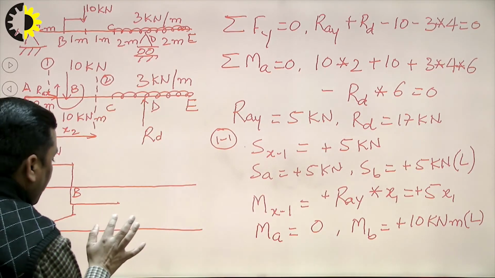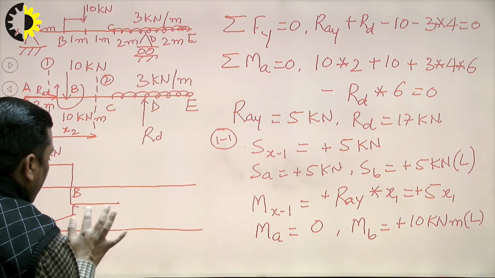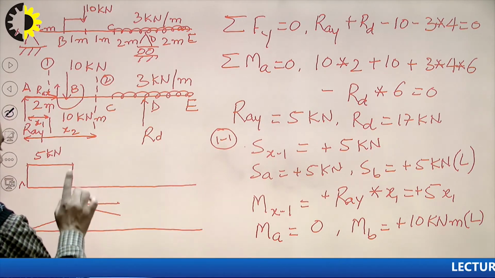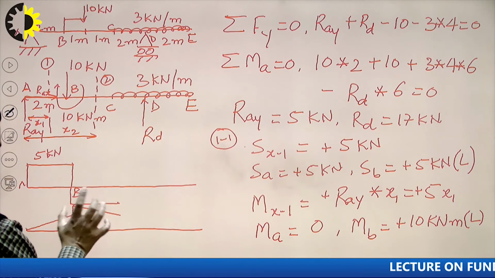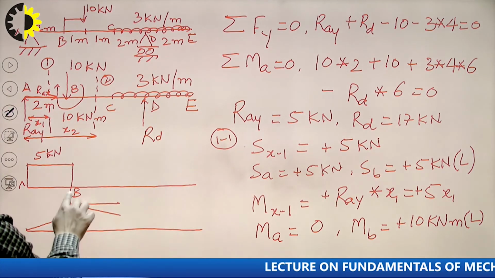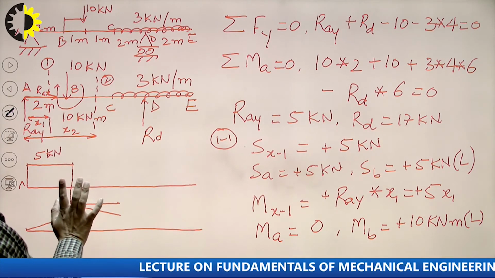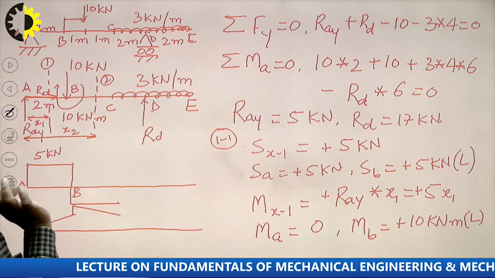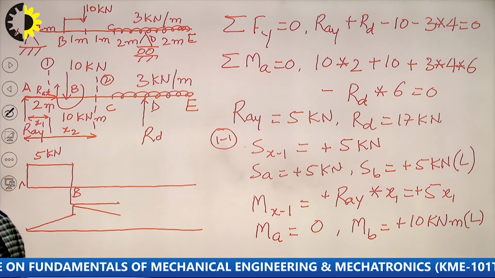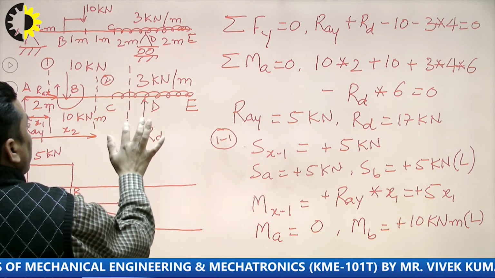So this will be the bending moment diagram. The diagrams are slightly overlapping, so please understand that the above one is for shear force and the lower one is for bending moment. There is a vertical shift in both shear force and bending moment because of the point load and point moment.